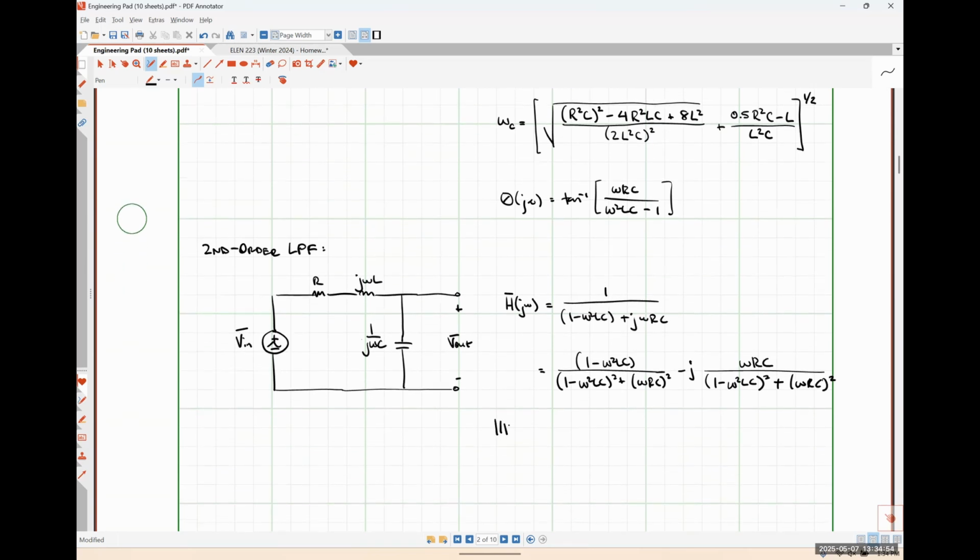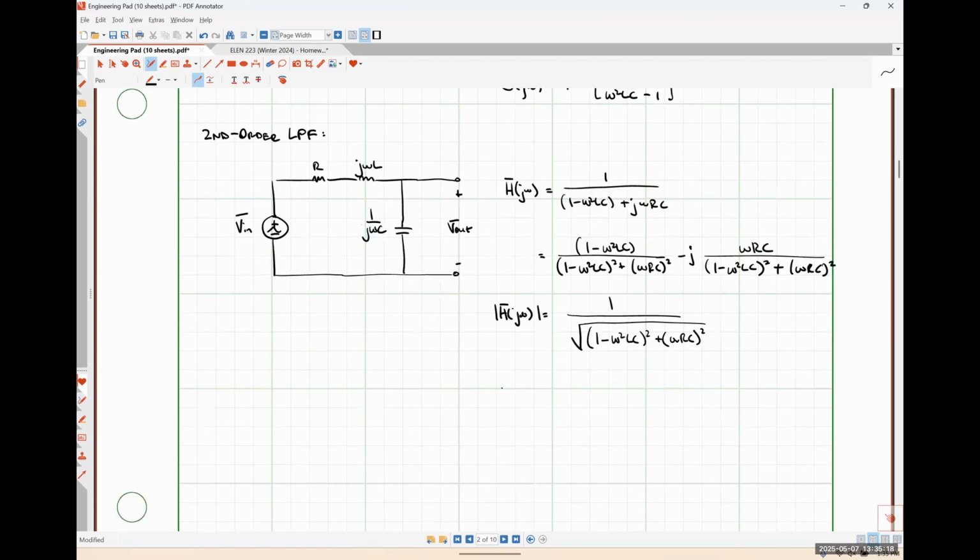Magnitude response comes out to be 1 over the square root of 1 minus omega squared LC quantity squared plus omega RC quantity squared.